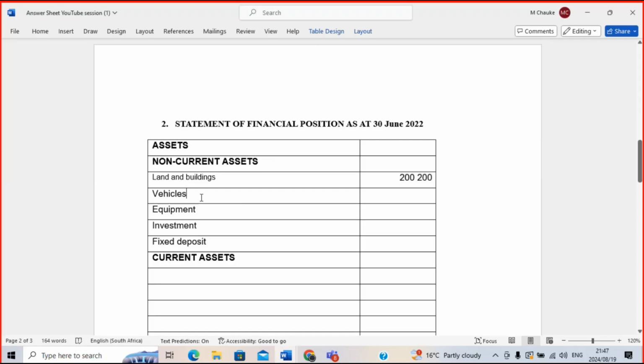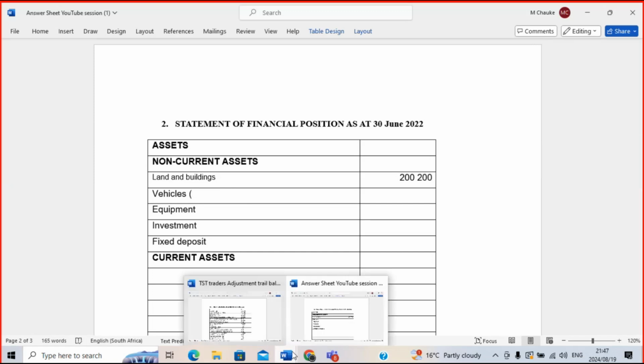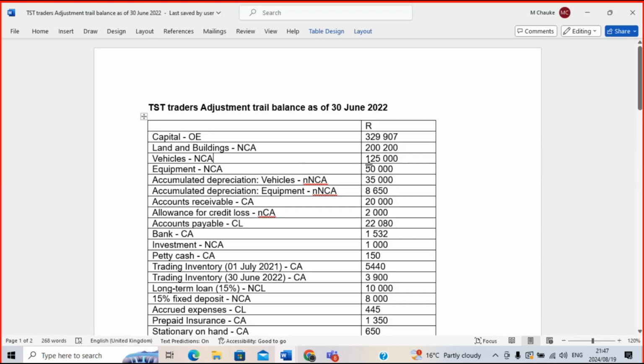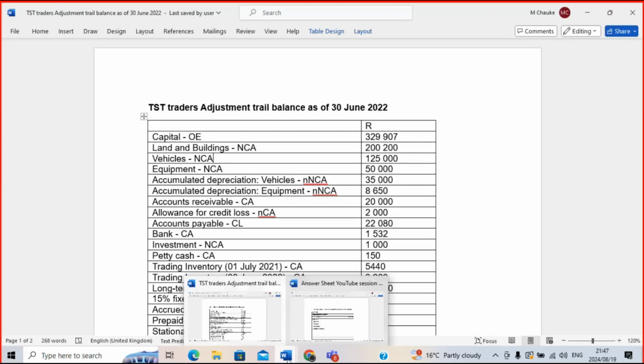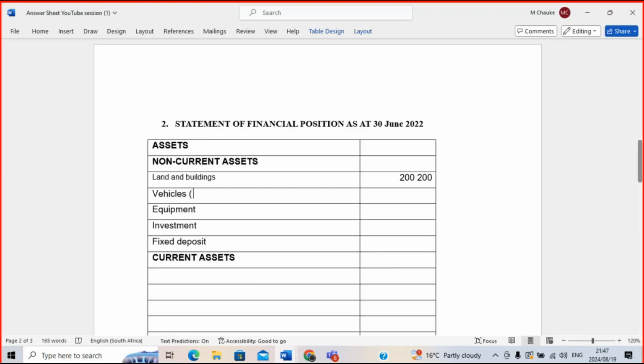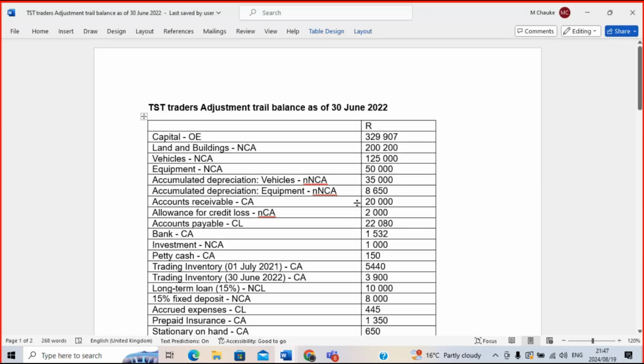And then with vehicles, we open brackets and take the vehicle amount, 125,000, minus accumulated depreciation on vehicle, which is 35,000.